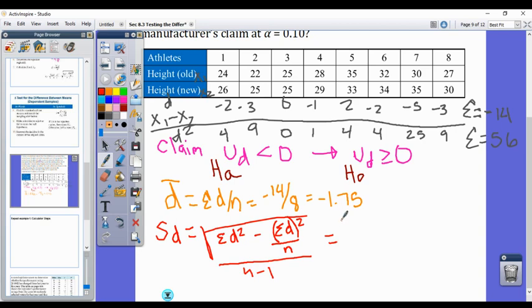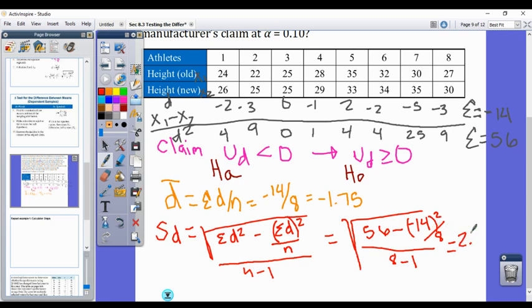So that's going to give me the square root of 56 minus the sum of d, which was negative 14, squared, divided by 8, all over 8 minus 1. If I plug that in, I'm going to get about 2.1213.